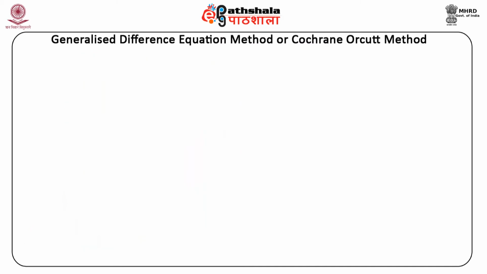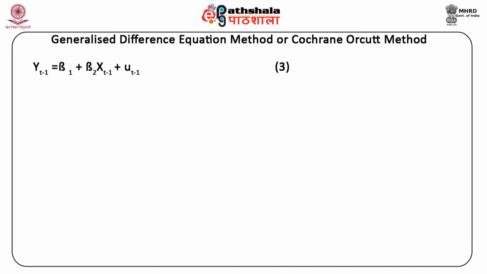We have the generalized difference equation method, also known as the Cochrane-Orcutt method. From equation 1, we can write the following relationship which will also hold true: yt minus 1 is equal to beta 1 plus beta 2 xt minus 1 plus ut minus 1.